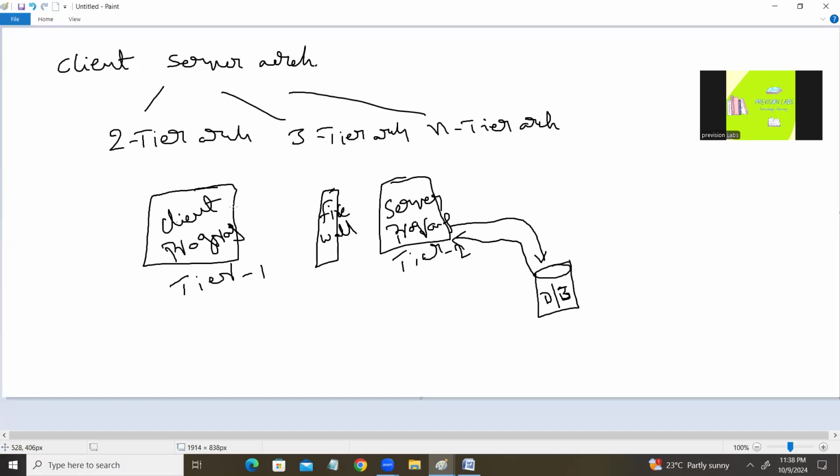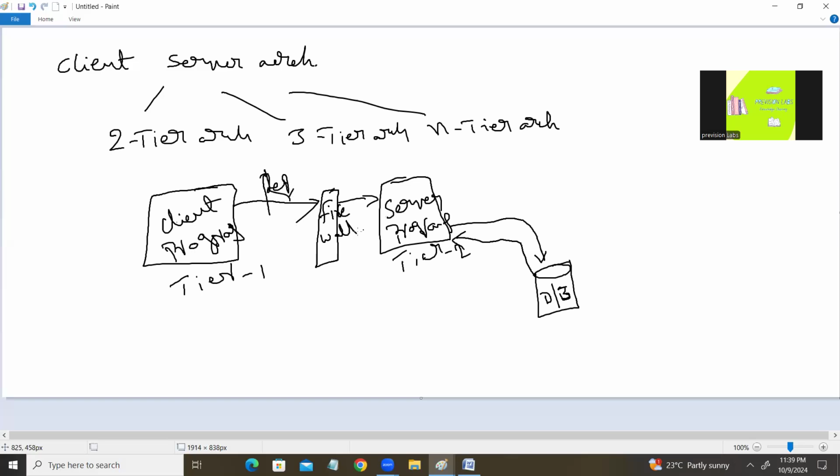Usually, what is a client? A client is a program whose results are obtained from the server side. We send the request from the client side.